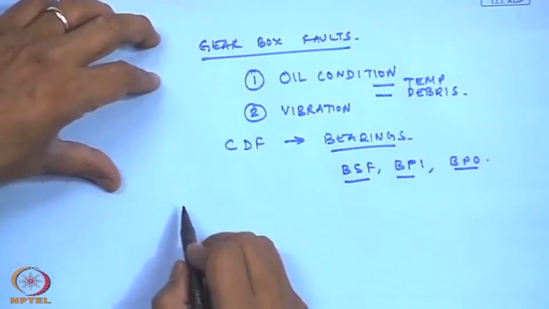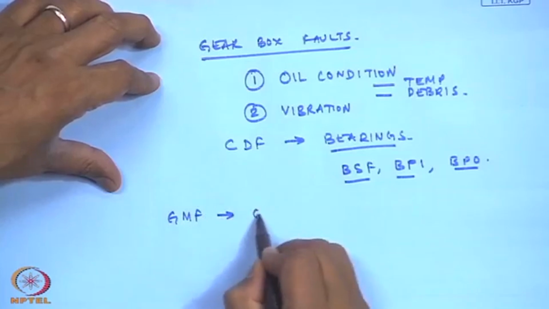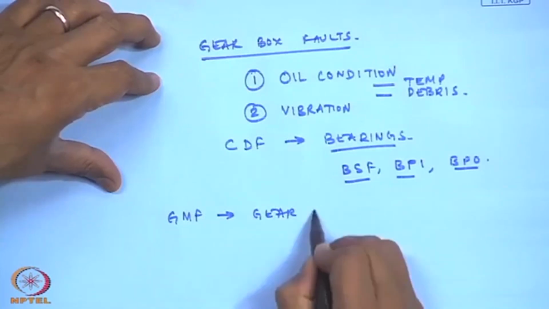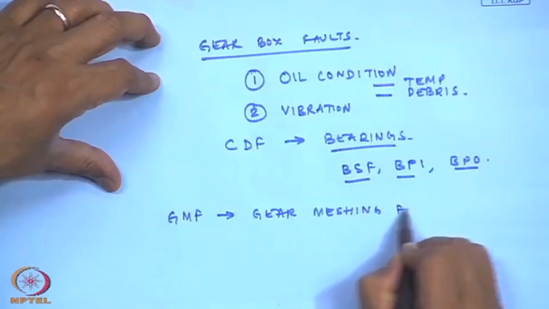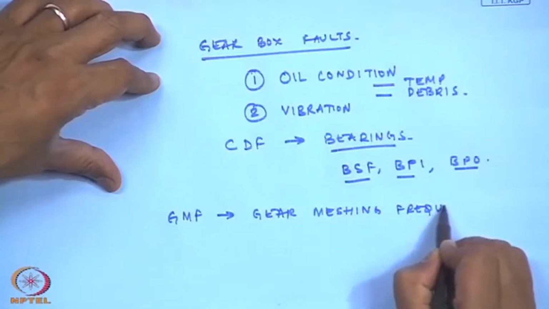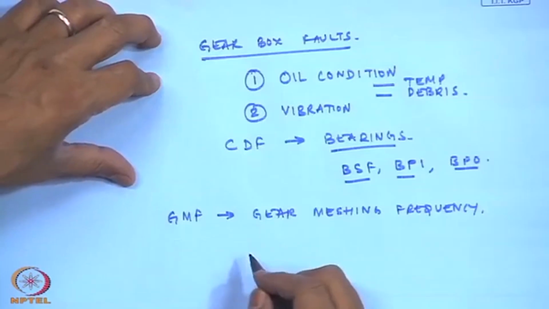but when there is a gear fault, something known as the GMF, the gear meshing frequency, will show up, and there will be side bands around the gear meshing frequency, because these gearboxes are subjected to change in load, change in speed.